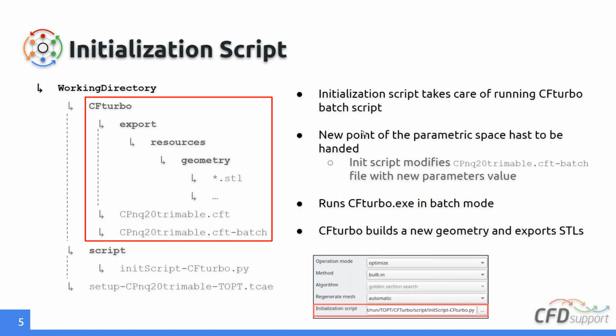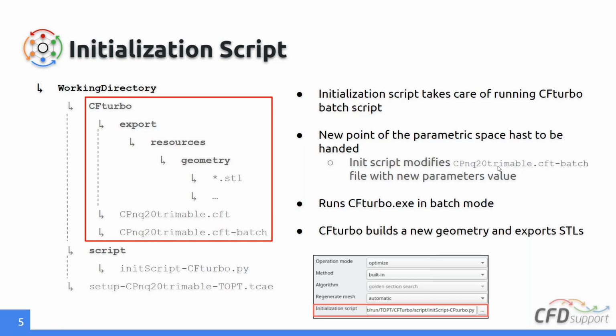So the initialization script takes care of running the CFturbo batch script. The new point of the parametric space has to be handed over, so all the features are ready for it, and we do it via modification of the CFturbo batch file.